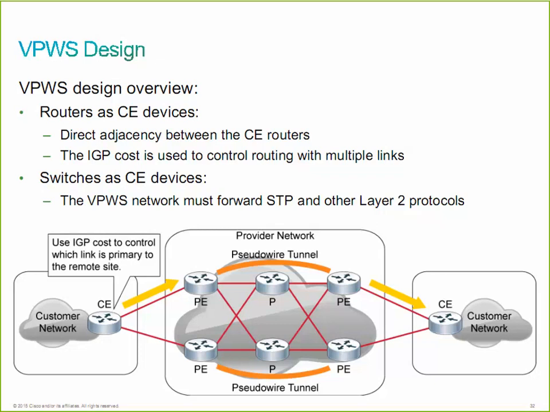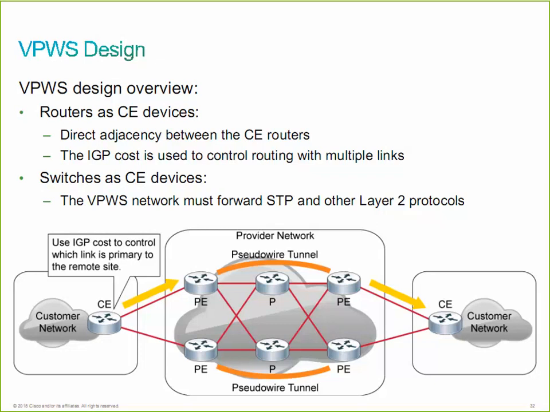We can use switches to connect the CE devices to our layer 2 network between the remote sites. This is usually to provide some sort of layer 2 transport between data centers, or a data center interconnect. And you have to have spanning tree enabled on the switches, so BPDUs are being passed back and forth to avoid switching loops, and all the other layer 2 concepts that we normally would deal with, we need to deal with in this type of environment.